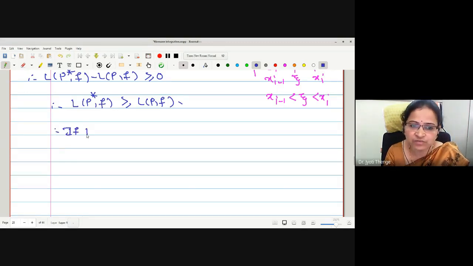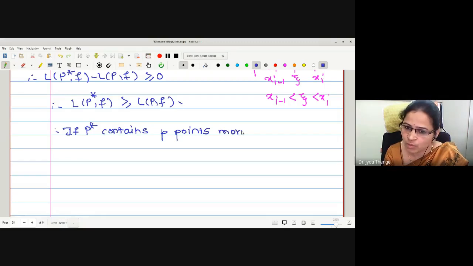Therefore, we are going to write: if P star contains p points extra, or p points more than a partition P, we repeat the above reasoning.